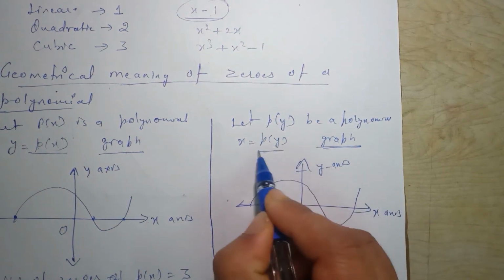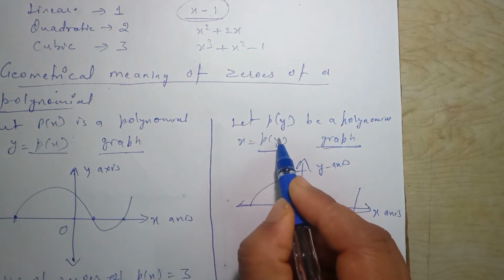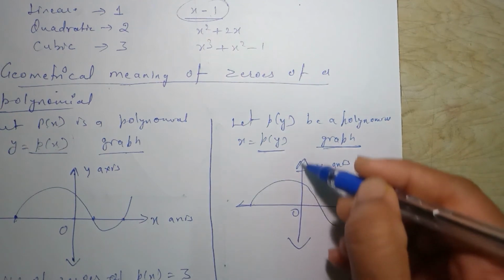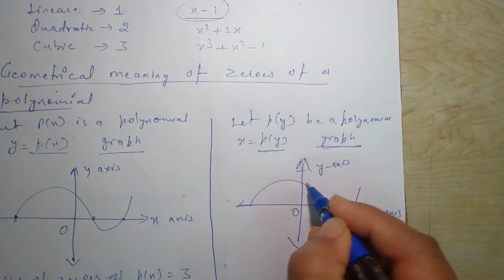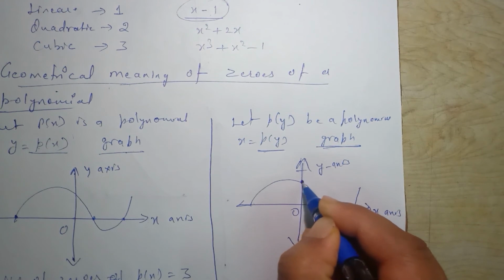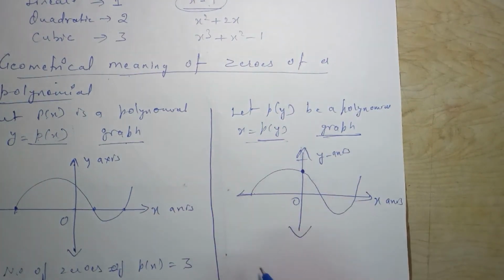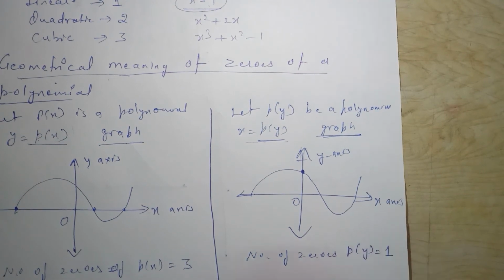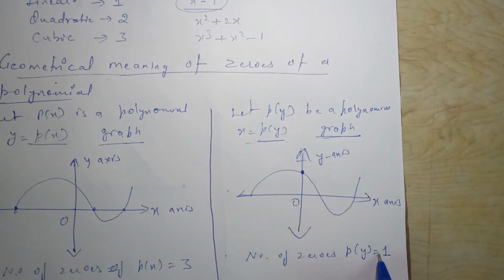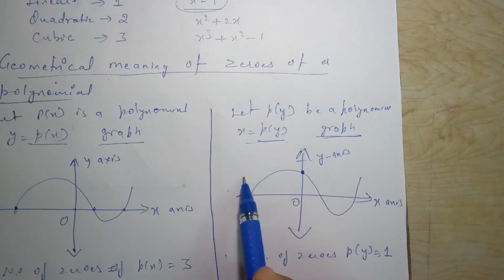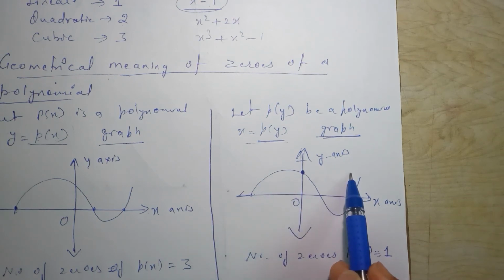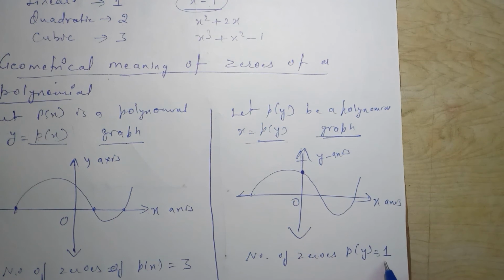Now the polynomial is p(y), so we have to identify on the y-axis. On the y-axis, the graph is intersecting at how many points? Here we are observing only 1 point. So for this polynomial, the number of zeros will be 1. If the graph does not intersect anywhere, then the number of zeros can be 0, depending on the graph.